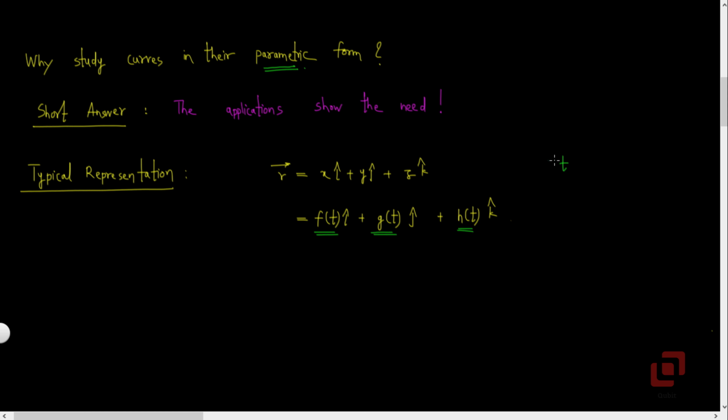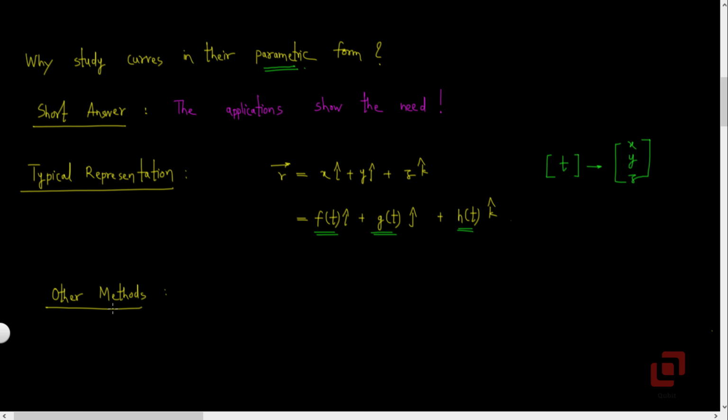So you can say that we are dealing with a mapping from t to the vector x, y, z. The way we define f of t, g of t and h of t decides what type of curve we are going to get. It may give us planar curves like circles, ellipses, parabolas, or even space curves like helix.